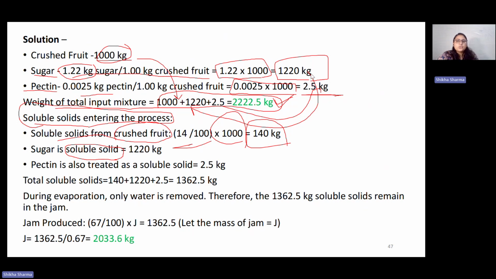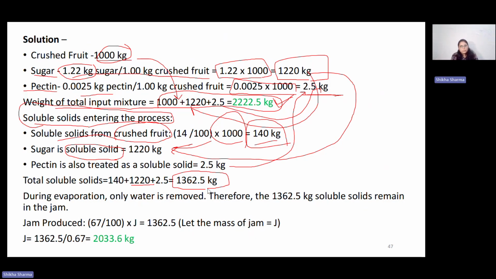So the total sugar, which is 1220, is all soluble solid, and the pectin is also treated as soluble solid. So 2.5 kg is the soluble solid from the pectin. So the total soluble solid would be 140 plus 1220 plus 2.5, which is 1362.5 kg from the sugars, from the pectin, and from the crushed fruits.